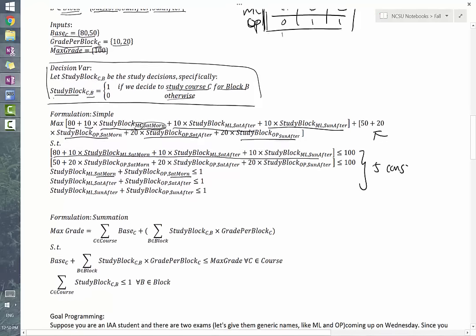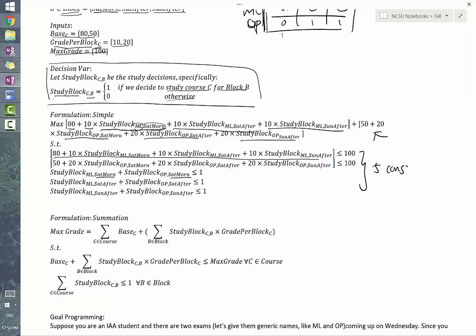Excuse me. The summation formulation actually looks a lot simpler. Your maximum grade is simply the sum over all courses, so that should technically be there. Your base course grade, as well as the decision to study in each block multiplied by the grades you will gain to study in that block, summed over all blocks.